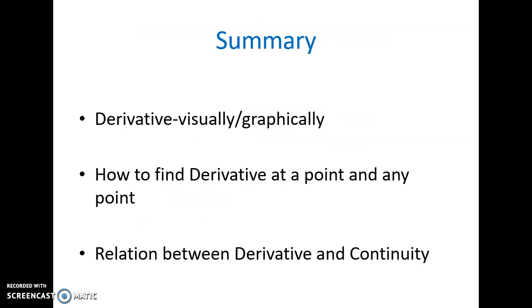So what we studied in this video: what we mean by derivative, visually and graphically, what exactly the derivative definition is, how to find the derivative at a point and at any point x, and how derivative and continuity are related. So that's the end of the third video of week 3.